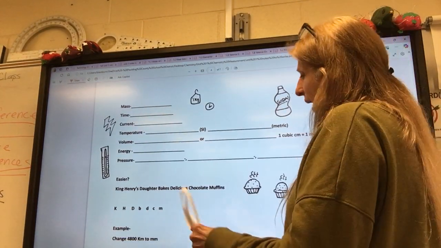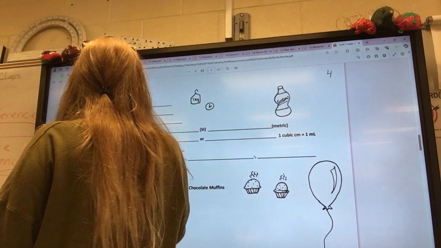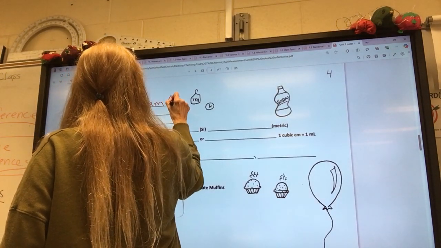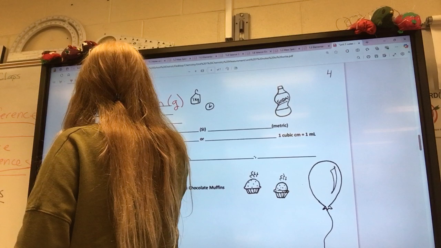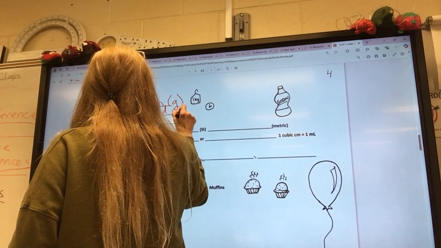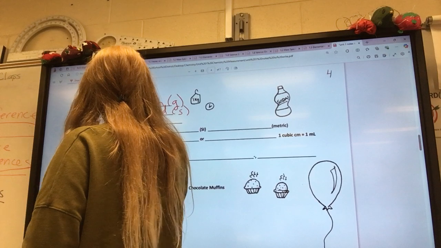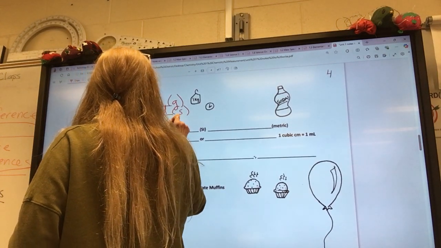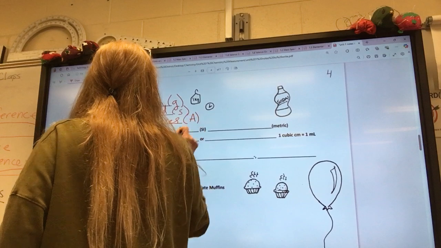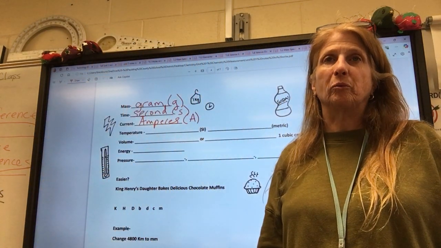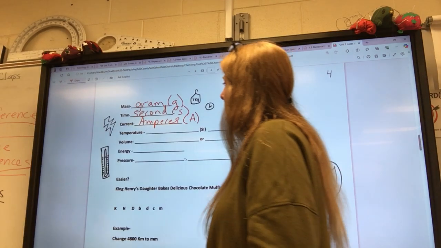Okay, so mass is the gram. It's lowercase g. Time is the same as it is in English. It's second, lowercase s. Current is amperes. It's capital A, but usually we don't call them amperes, we call them amps. You ever heard of amps with your stereo or something?